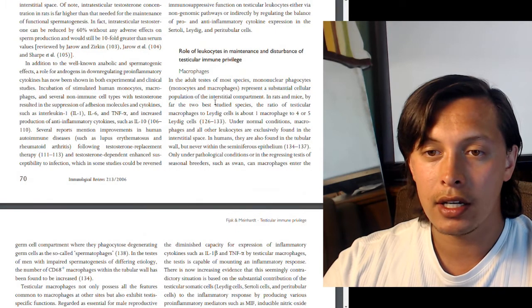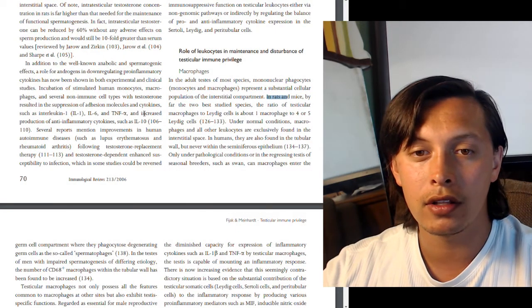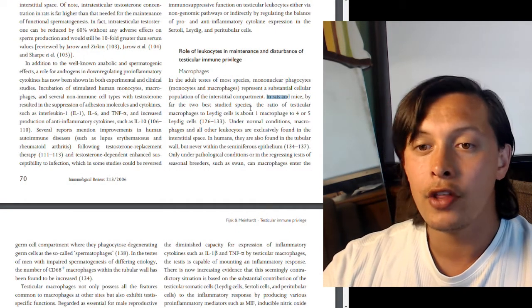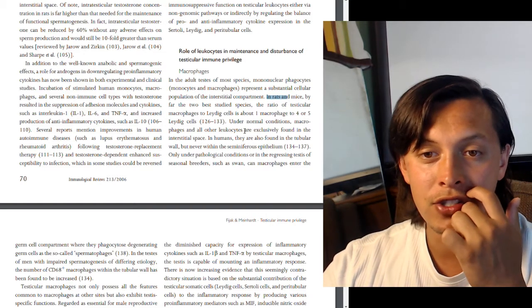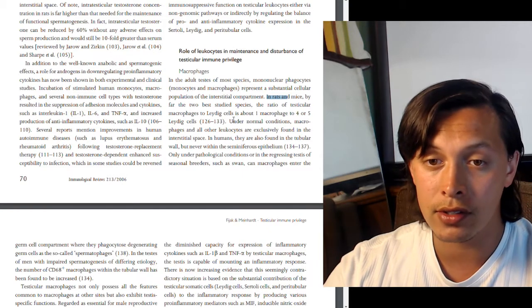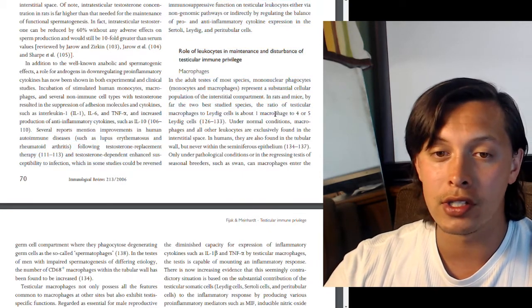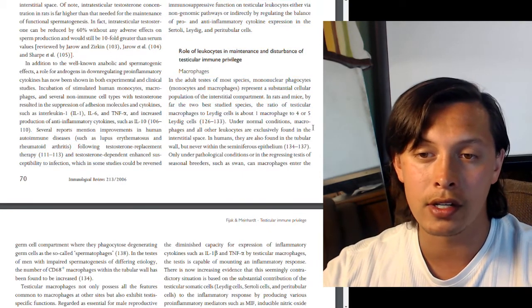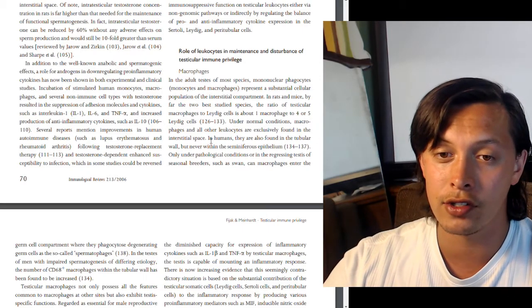Anyways, in rats and mice, by far the two best studied species, the ratio of testicular macrophages to Leydig cells is about 1 macrophage to 4 or 5 Leydig cells. Under normal conditions, macrophages and other leukocytes are exclusively found in the interstitial space.